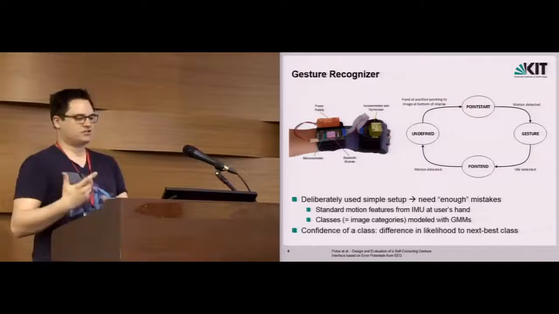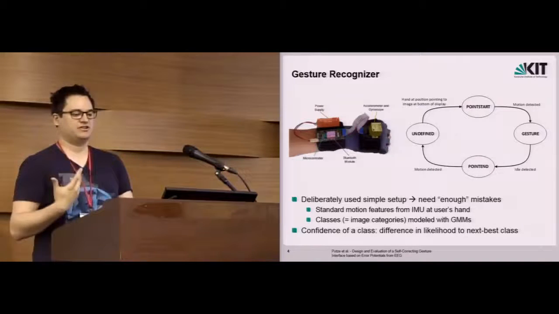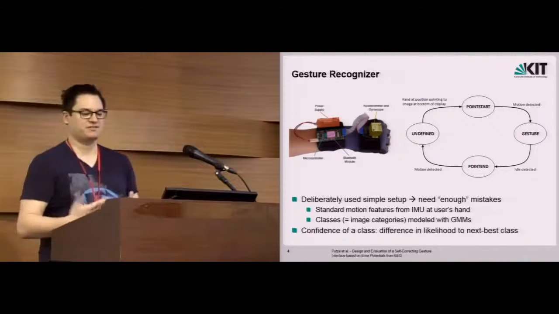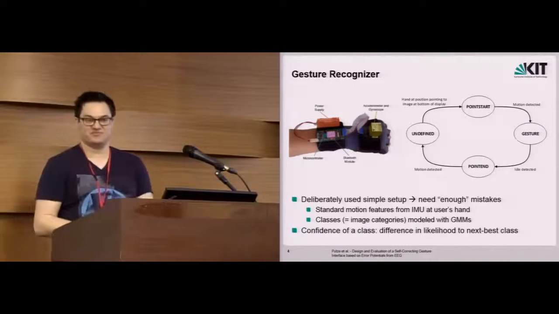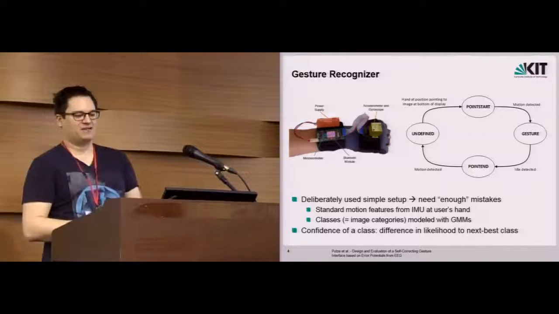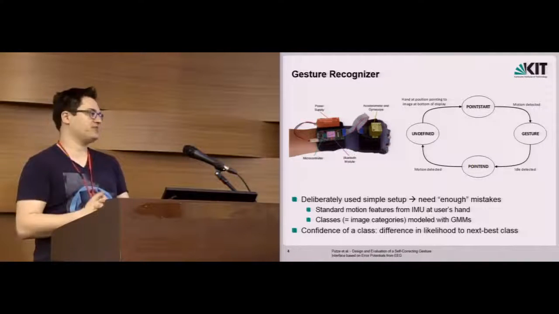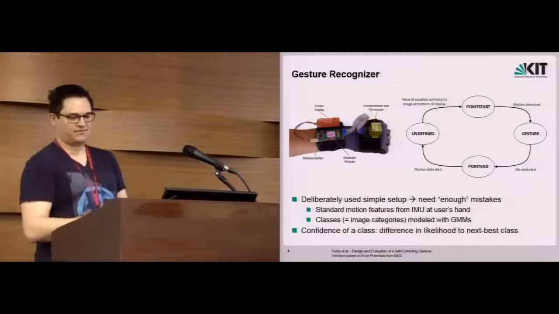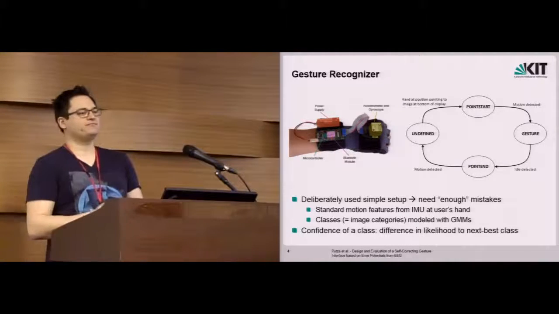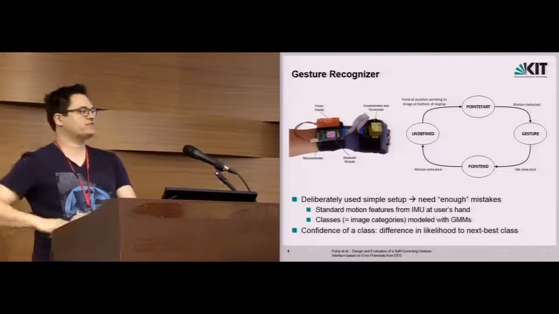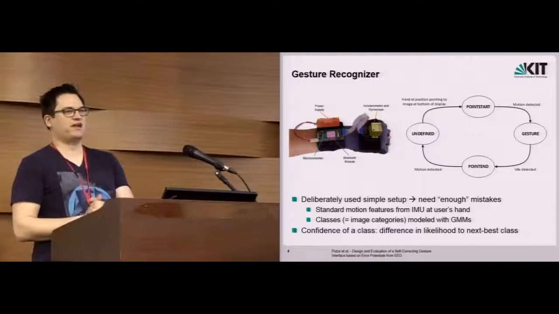For gesture recognition in this work, we deliberately used a quite simple setup, as we wanted to have a working recognizer which still makes enough mistakes which need to be corrected. So we extracted standard motion features from an inertial measurement unit placed at the hand of the user. We modeled each class with a Gaussian mixture model and used simple maximum likelihood classification.